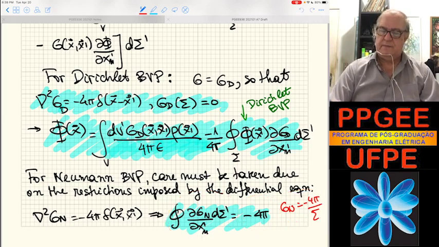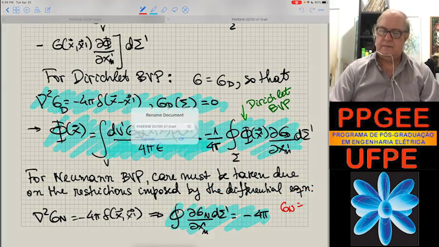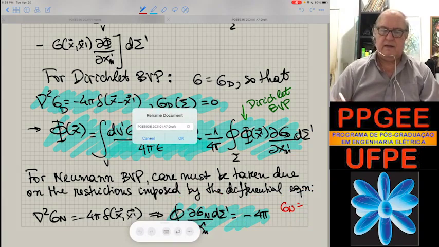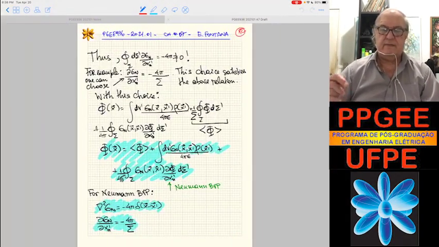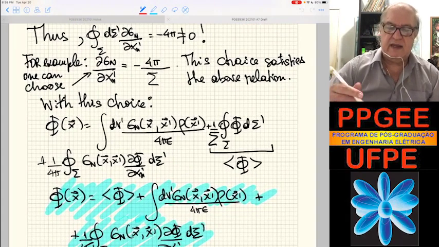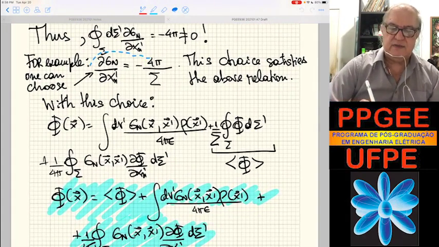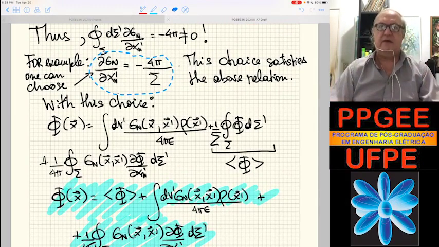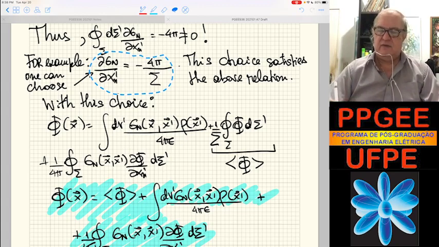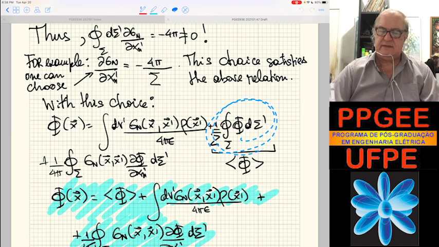So that's what we have here, right? You can use that simple choice for the Neumann-Green's function. So we're going to have the normal derivative constant, right? The 4 pi cancels.